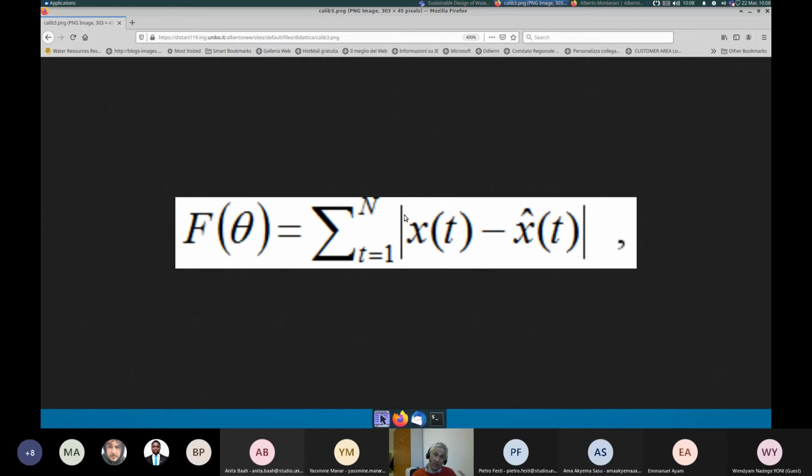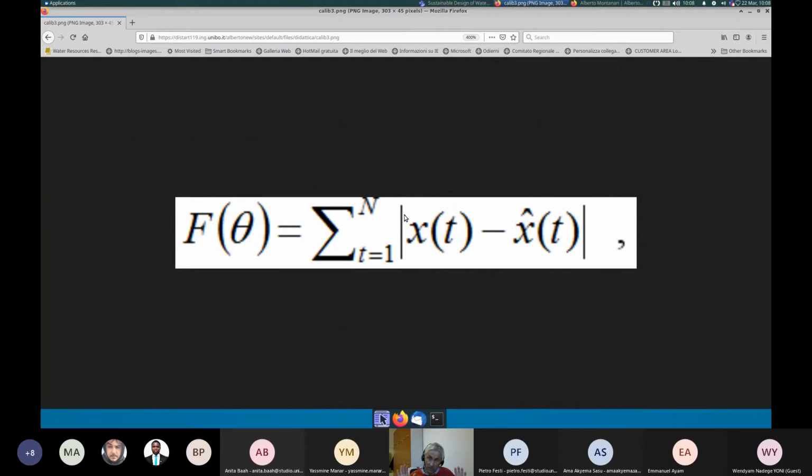If the error is 10, the square of 10 is 100, which means that an error of 10 gives a larger contribution to your objective function than an error of 1. Keep this in mind because it's extremely important. In the formation of your objective function value, the larger errors, if you square them, take the whole of it, and the smaller errors are basically ignored.